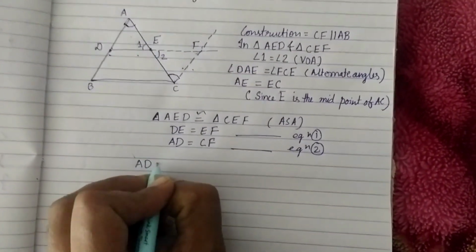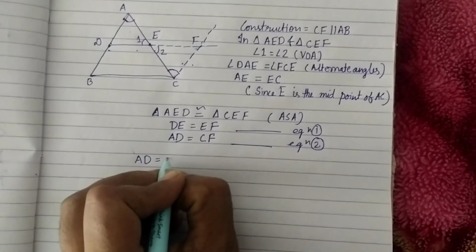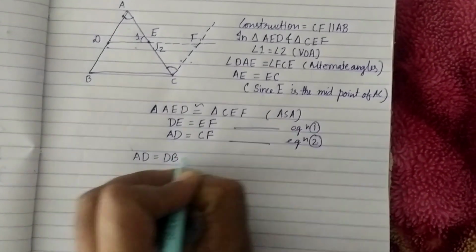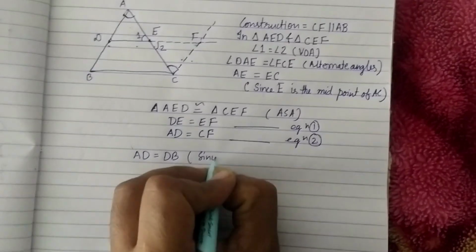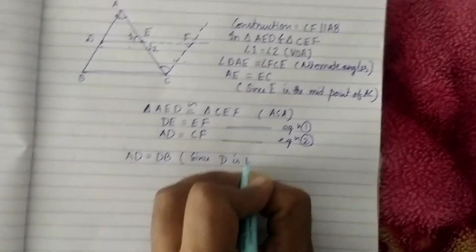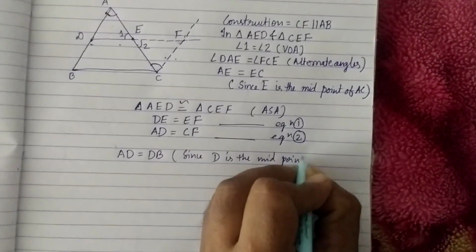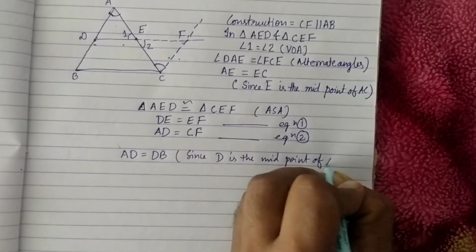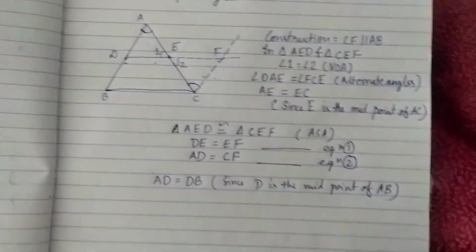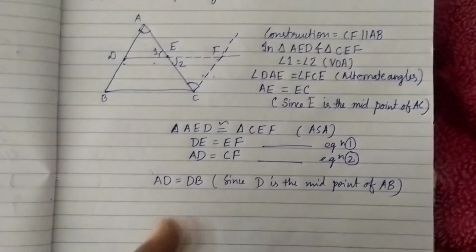AD is also equal to DB, since D is the midpoint of AB.